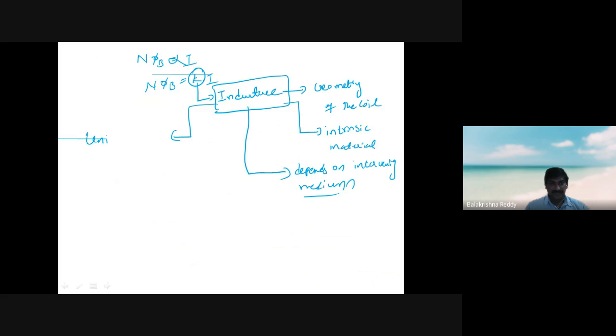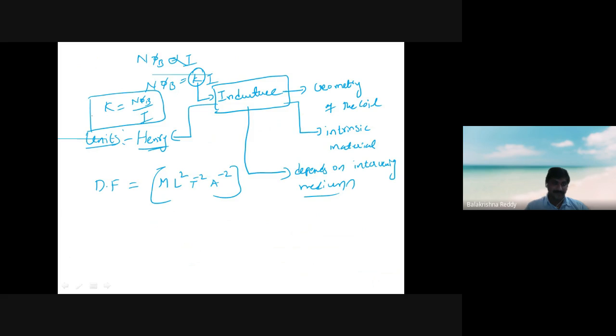I said earlier that Faraday and Henry both independently did this experiment and gave results, so the unit has been given the name Henry. The dimension formula is M L² T⁻² A⁻², because K equals NΦ by I.